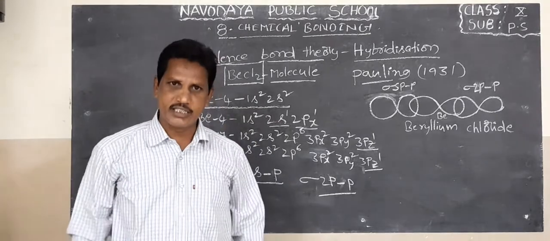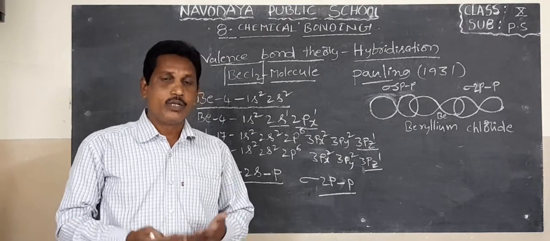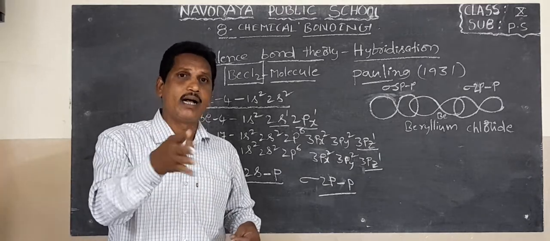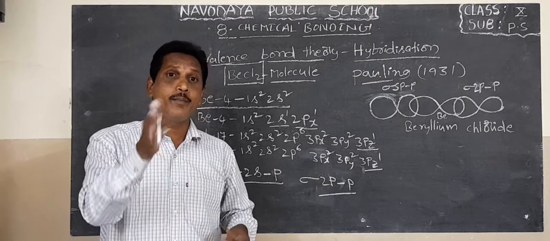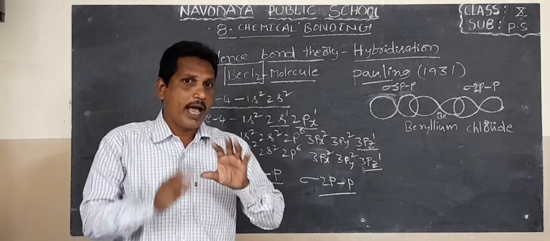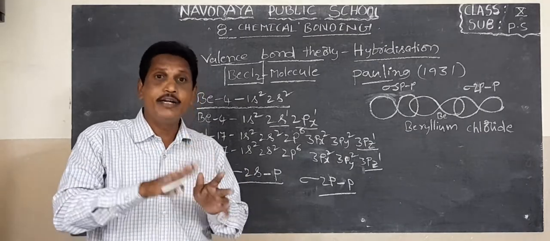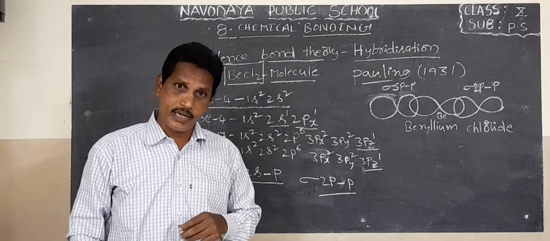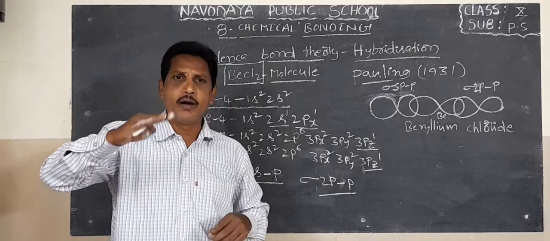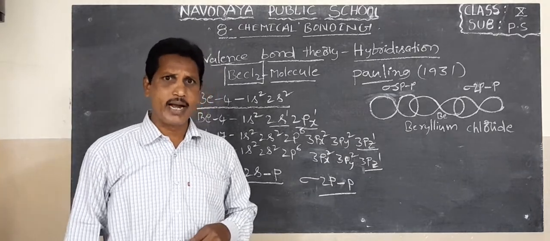What is meant by hybridization? Hybridization is a phenomenon involving the redistribution and reshuffling of atomic orbitals having the same main shell and the same energy in the same atom.